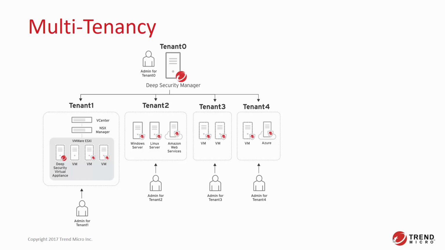In this scenario, Deep Security Manager retains full control over the system, but individual collections of machines, or tenants, are going to be generated. Each tenant is going to have an administrator which is responsible for the management of the machines and policies within that tenancy.